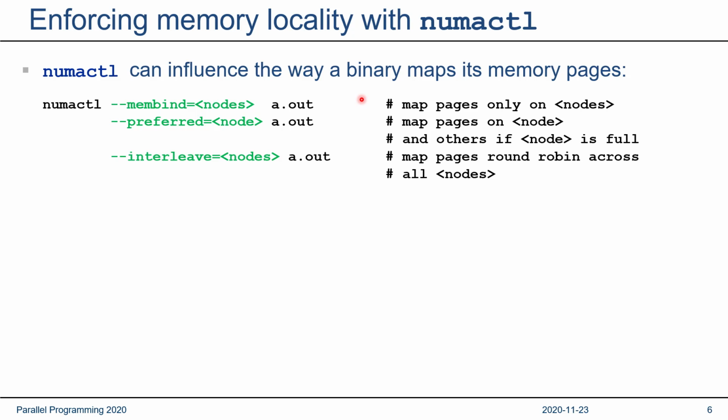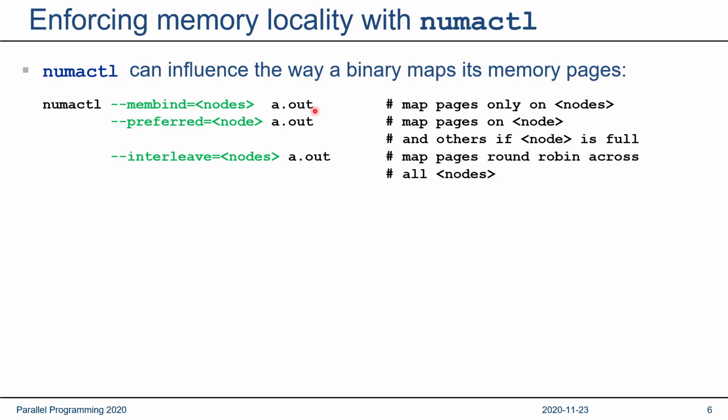With numactl, you can specify that all the memory pages of your application should be mapped to a given predetermined set of NUMA nodes. And the list of nodes you specify here is just the list of locality domains starting from 0. So with membind, you force the pages of this program into specific NUMA domains.